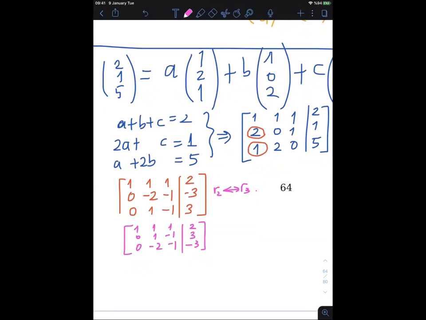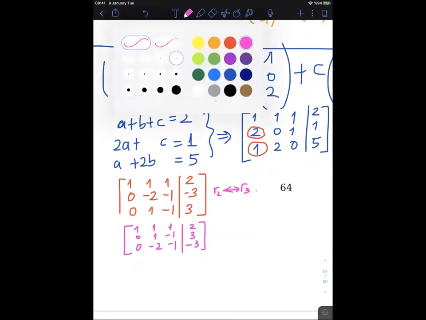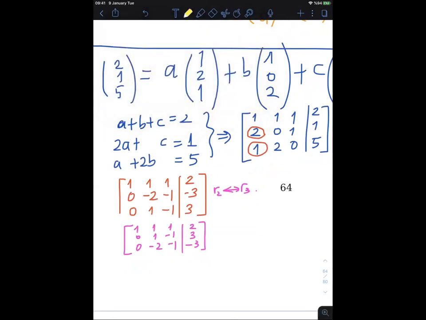Okay, so the last step is trying to make this guy equal to 0. How can I do it? Well, I can write 2 times row 2 plus row 3 to row 3.